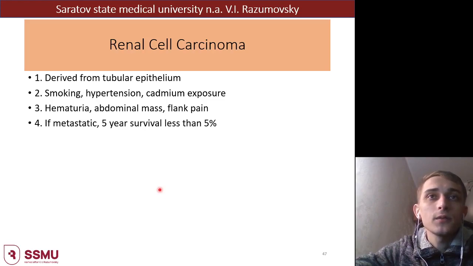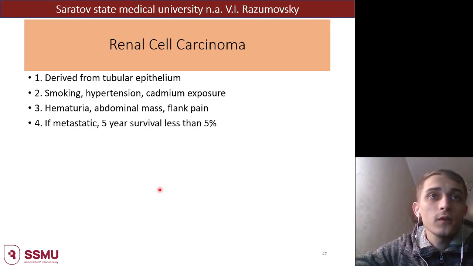And at the end of our lecture, we should talk about renal cell carcinoma. Renal cell carcinoma is a malignant tumor from epithelium of tubes. So the only source of growing malignant tumors or cancer in the kidney is epithelium of connective tubes.